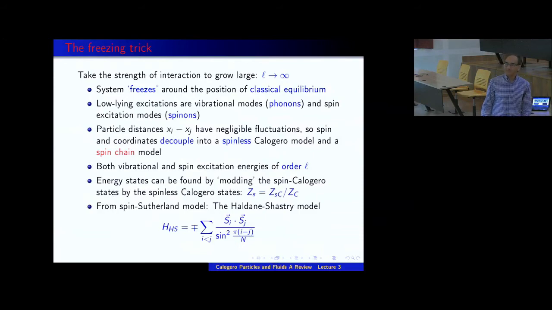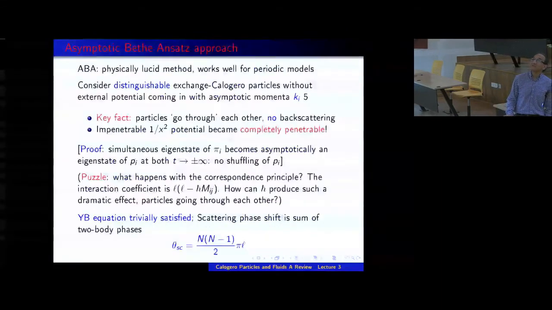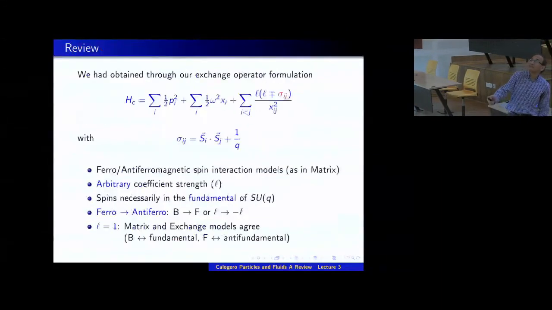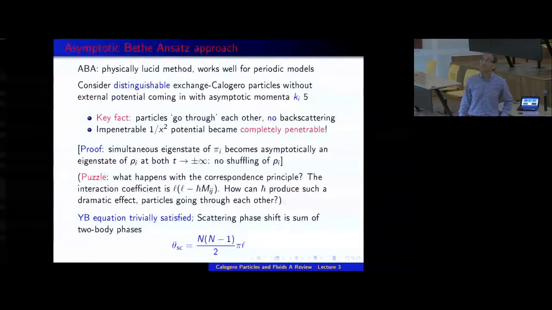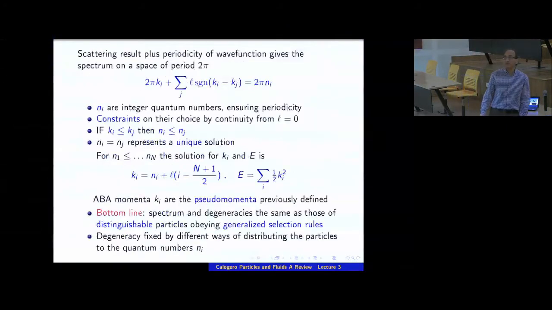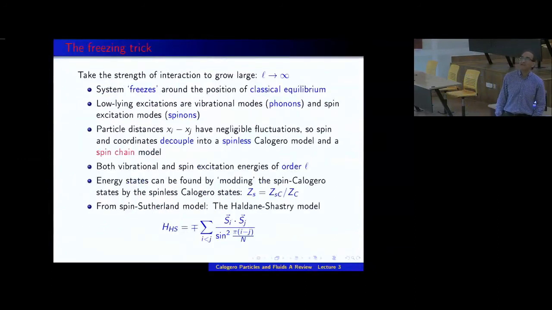Since we know that the Sutherland model, let me just show you. This model, I guess I haven't written, but sine square interaction here. That's what we are talking about. This model is completely solvable. And it has, well, a new spectrum, but degeneracy is exactly as in the free case.